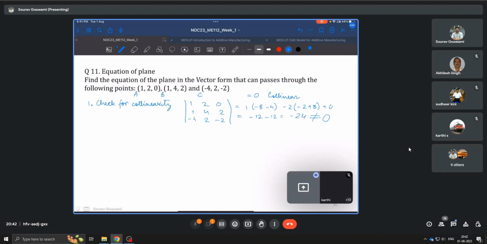So definitely the points are not collinear. They do form a triangle. And now we're supposed to find the equation of the plane which is passing through those 3 points.